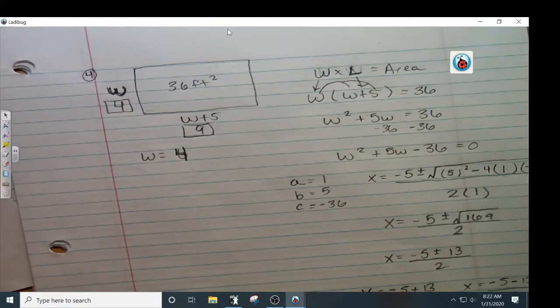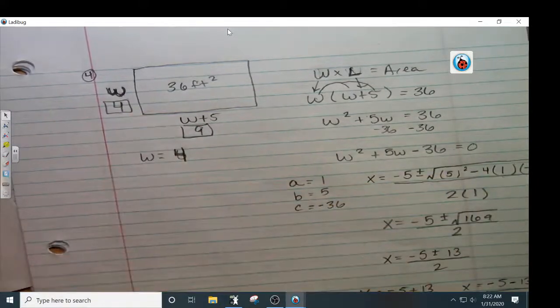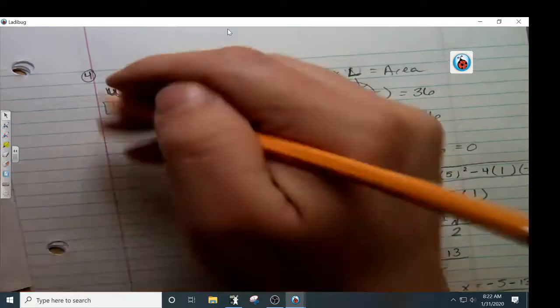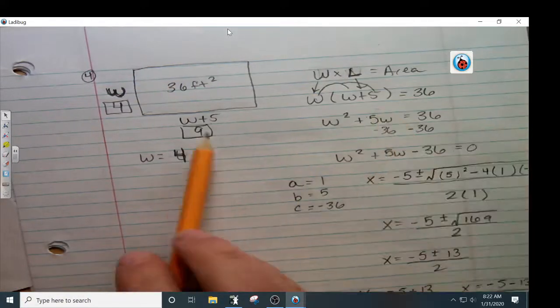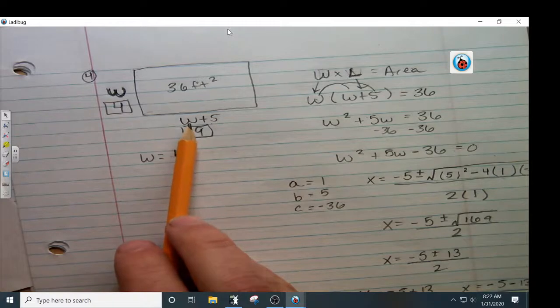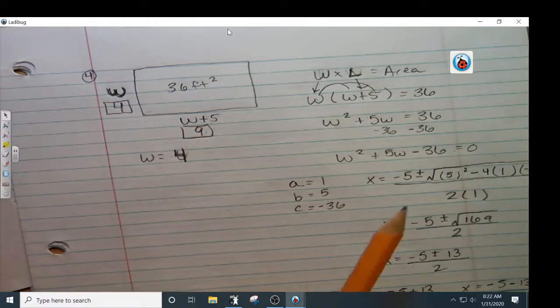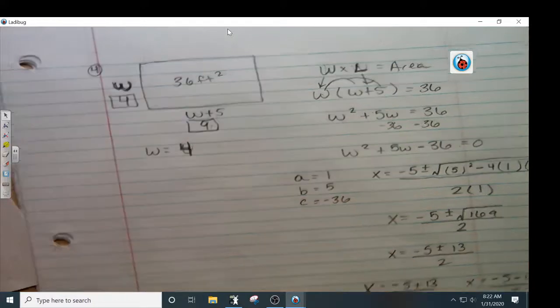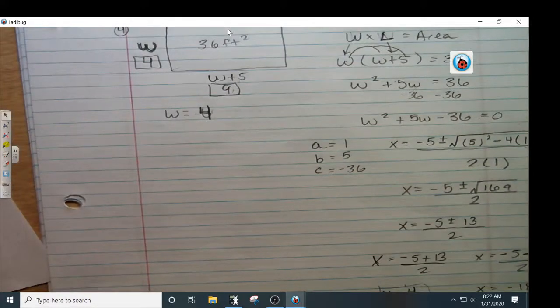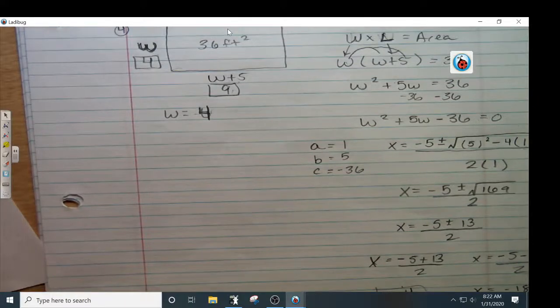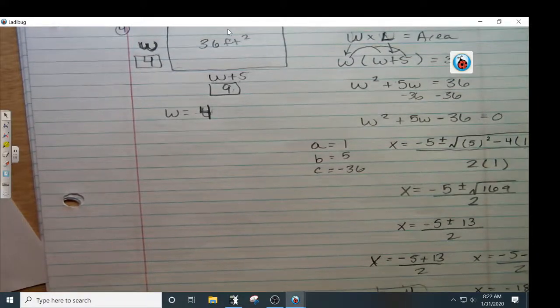It does. So was 4 the right answer? It was. Plug the W in right here, which is 4. 4 plus 5 is what? Yeah. What y'all think about that? It seems like it's a long process because I'm going through each step, but it's really not too bad.